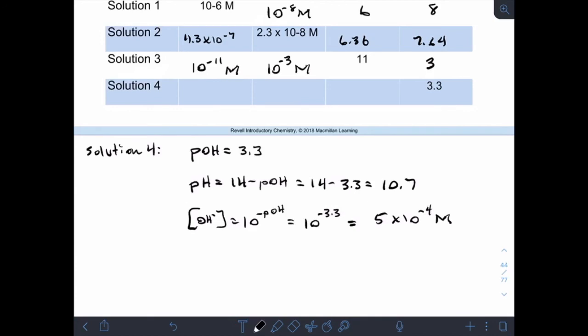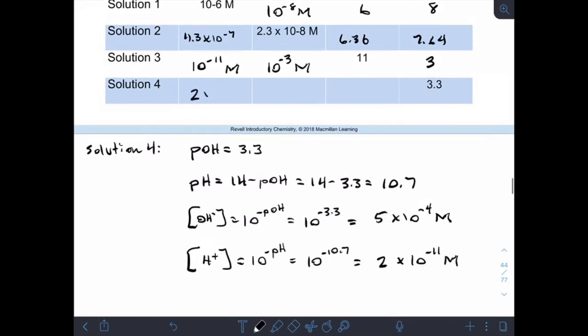Okay, and again, that's an issue of sig figs, and I'll explain that next. Why it's only one sig fig. 10 to the negative pH to find the H plus. So 10 to the negative, what was the pH? 10.7. And that comes out to be 2 times 10 to the minus 11 molar.